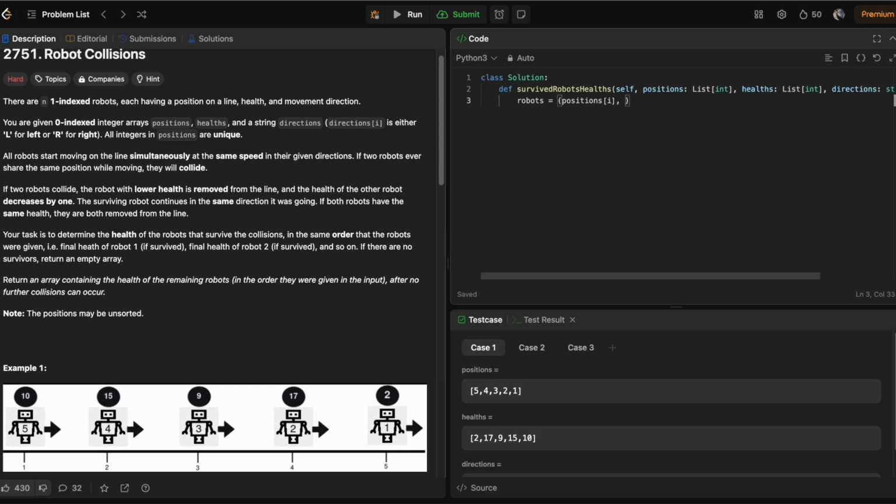Positions I, then healths I, then directions I, then I itself to keep track of the robot's index. And then we do for I in range length of positions, let's say.